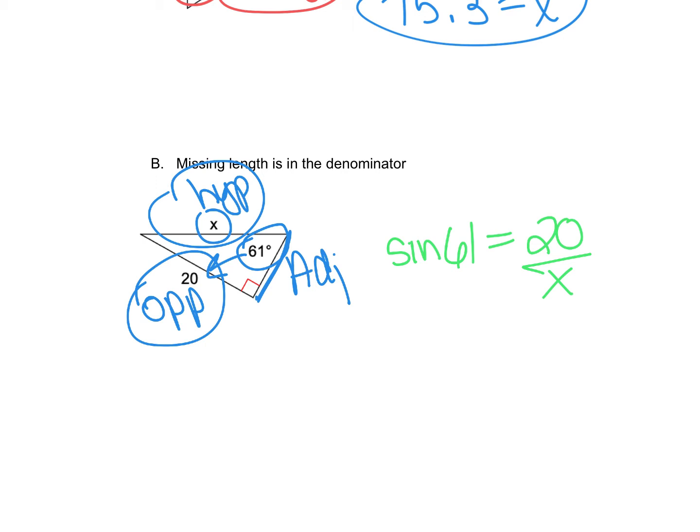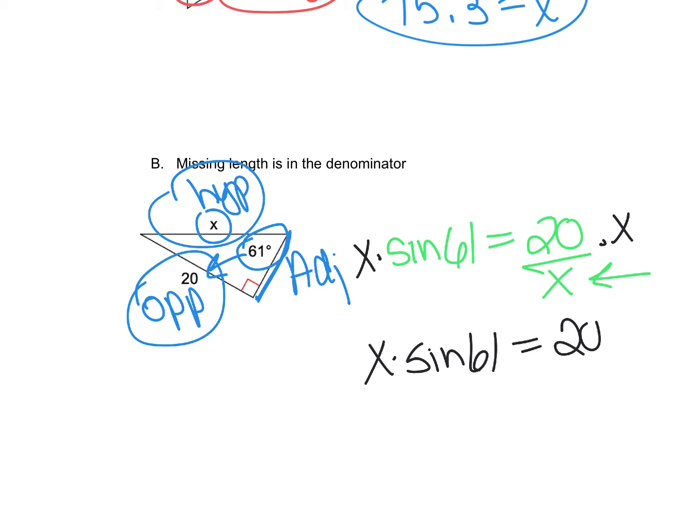Notice this time that the x is in the denominator, which means we can't just multiply both sides by 20. We have to go ahead, multiply both sides by x, and that will give us x times the sine of 61 equals 20. Okay, well, we don't want x times the sine of 61, we want x. So now we are going to divide by the sine of 61 on both sides.